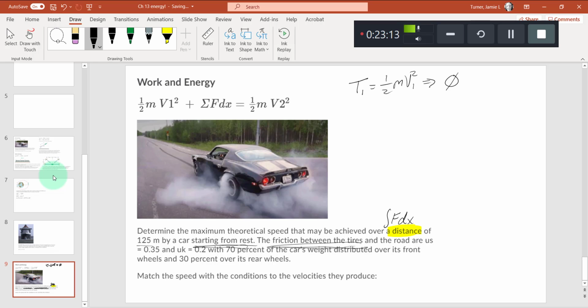So the motor and all the internal forces aside, when I draw a free body diagram of this, what makes this thing go forward is the friction force. If this is going to have some kind of an acceleration, mass times acceleration is equal to the force.